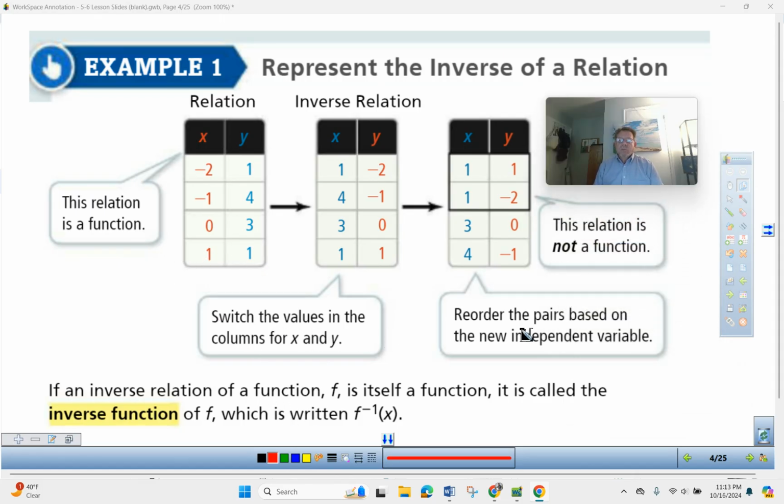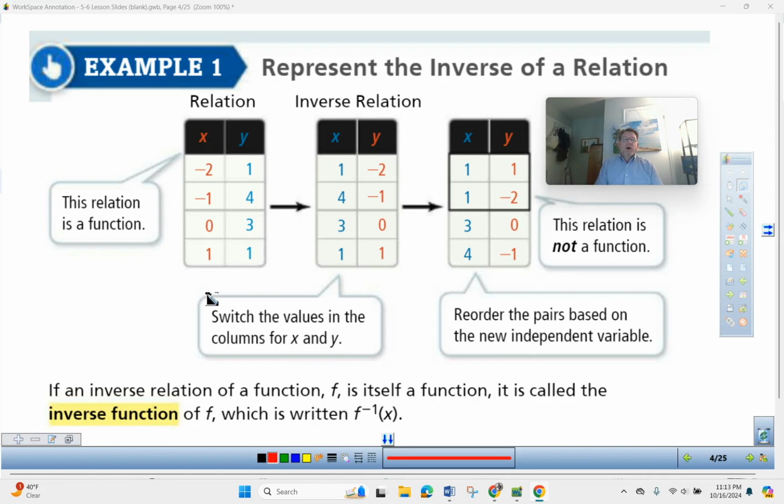Now, we switched the x and y's, and we reordered the pairs because we noticed that this issue was happening. So if an inverse relation is a function, it is itself a function. It is called the inverse function. And we use that by using this notation here.